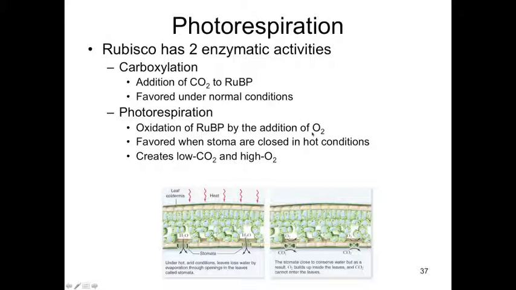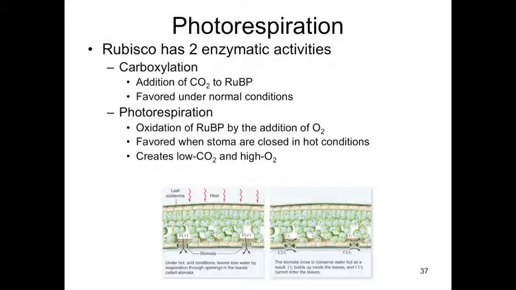So the more photosynthesis that goes on while the stomata are closed will generate high oxygen conditions inside the cell. And we're consuming CO2, so the concentration of CO2 will decline. Thus, in hot, dry conditions when the stomata are closed, Rubisco is forced to pick up oxygen and oxidize RuBP, essentially undoing any carbon fixation that has happened.